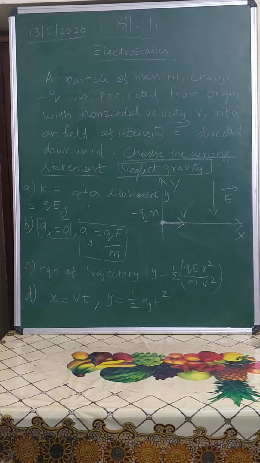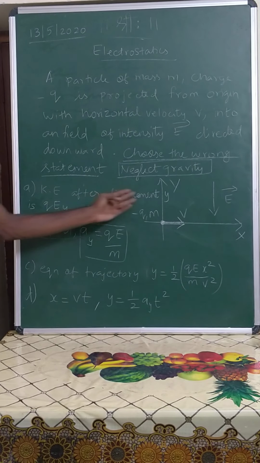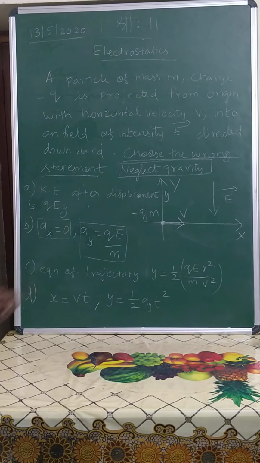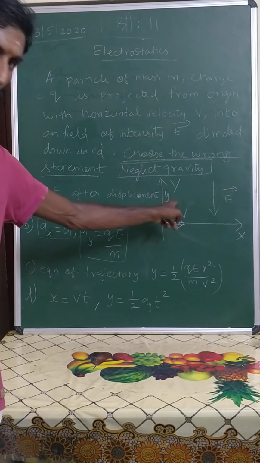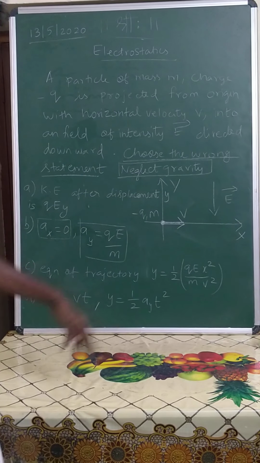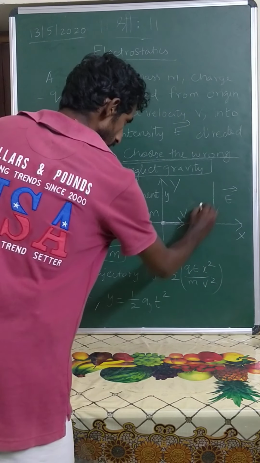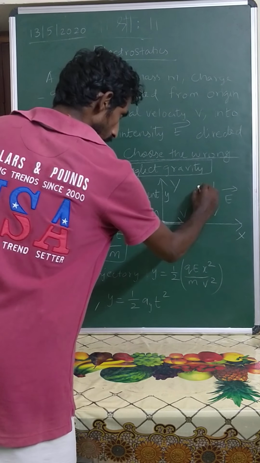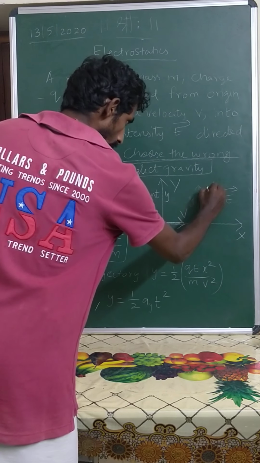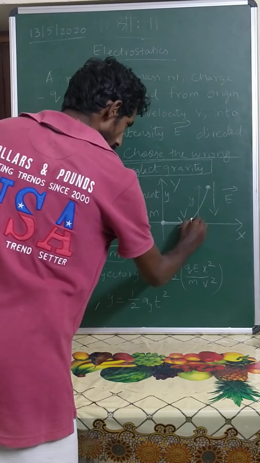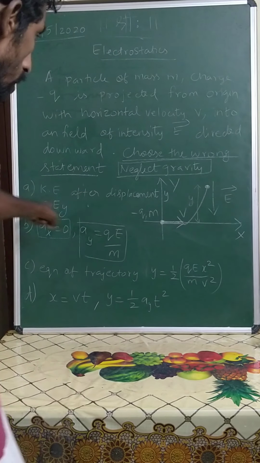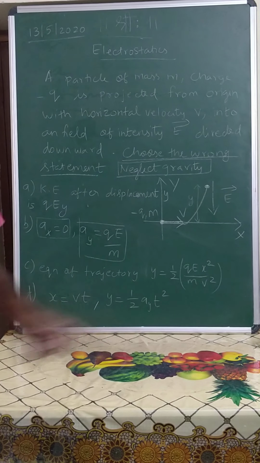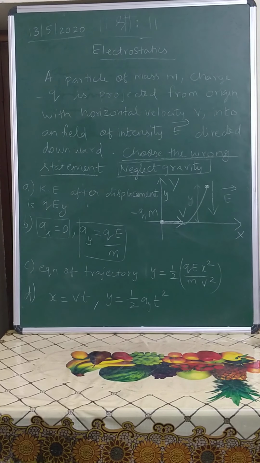Neglecting gravity, first we see that the kinetic energy after displacement y is QEY. If the particle gets displaced through a distance y, they have given only the kinetic energy for the y-axis, but actually the kinetic energy will be along the x-axis as well as the y-axis.